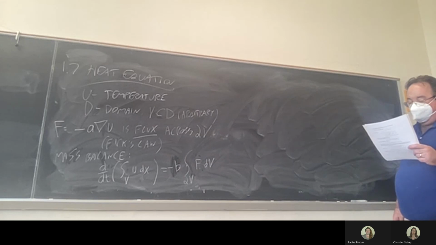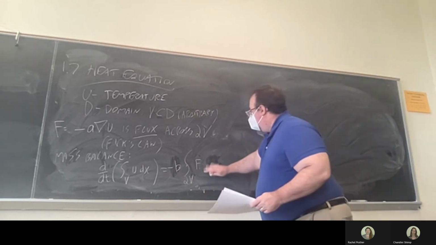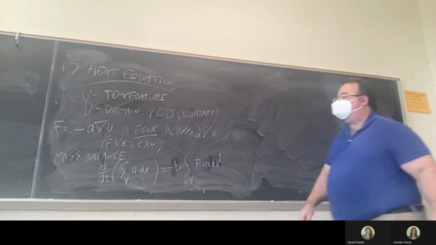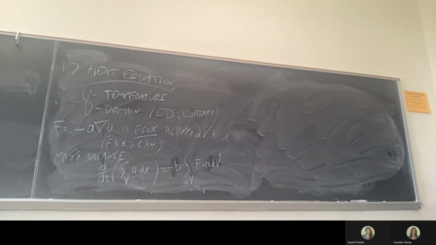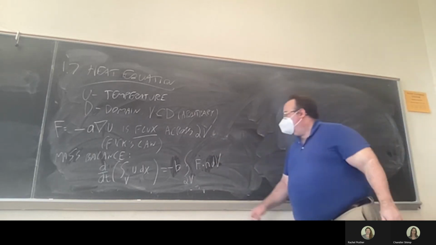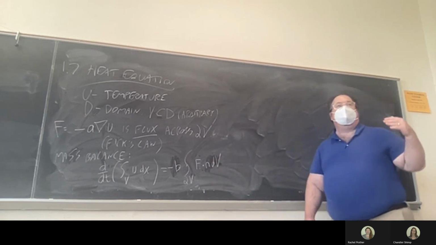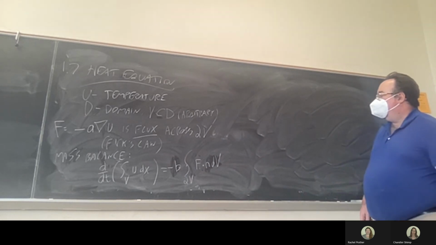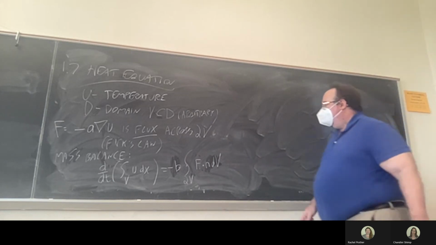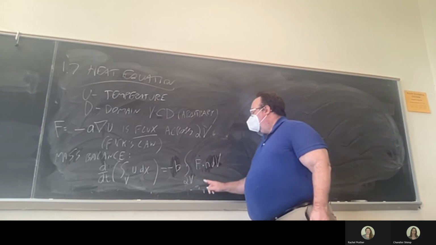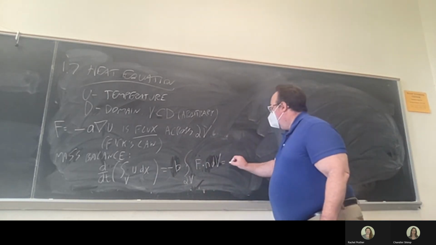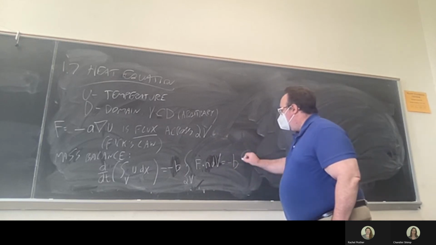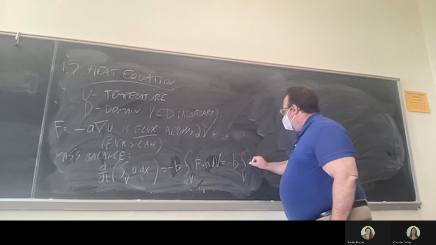Now, because flux conveys heat energy that is, in this case, entering V, we have to take the normal component, because it's entering V along the normal direction defined on the boundary of V. Now, as I mentioned earlier from a previous example with Poisson's equation, the integral over the boundary of a normal component, by the Gauss divergence theorem, is equal to the integral over the interior of a divergence.